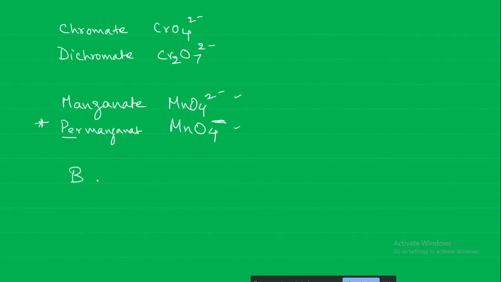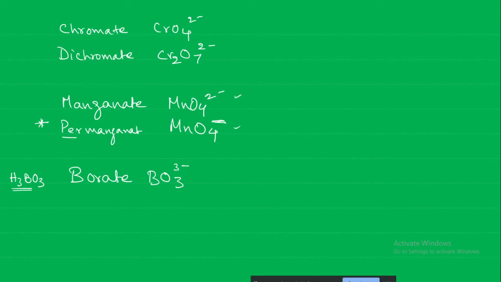Next, borate. Borate, boric acid. H3BO3 is the common acid, boric acid. So borate will be BO3 3 minus. Boron comes in which group?